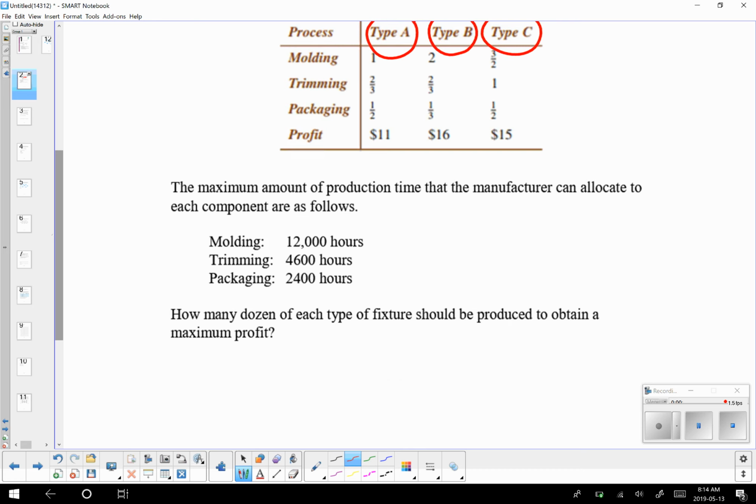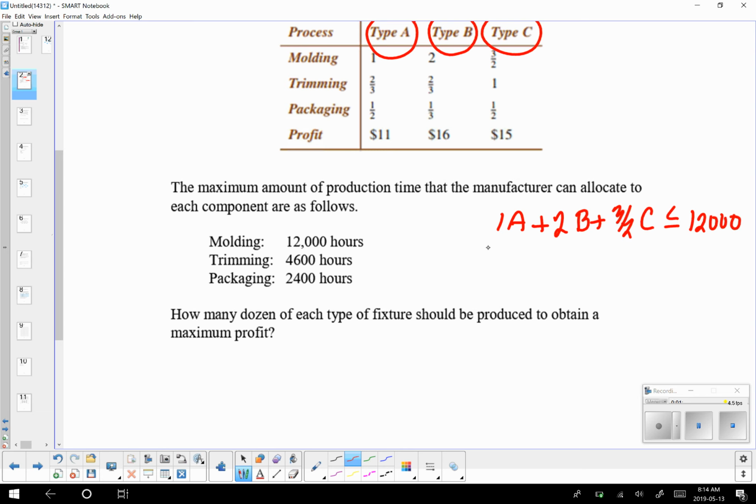If we were writing them in equations, we would say 1A plus 2B plus 3 over 2C is less than or equal to the number of molding hours that are available.